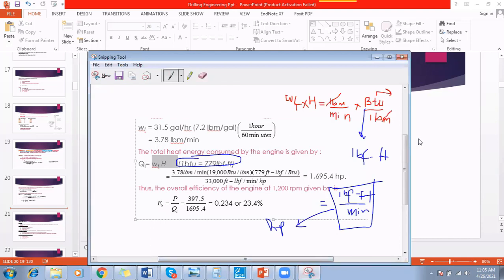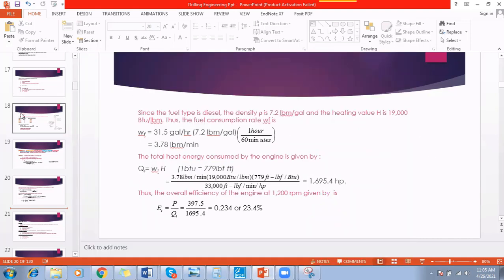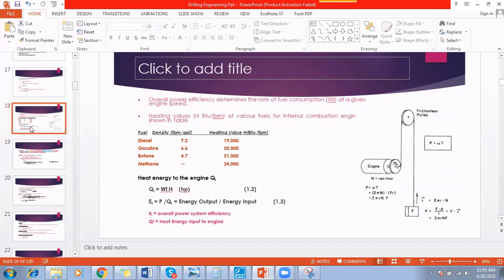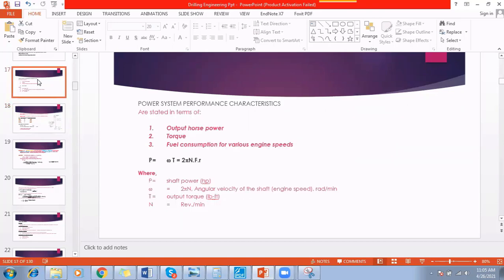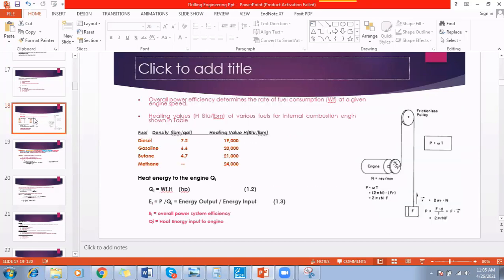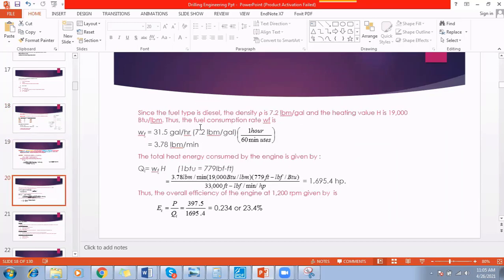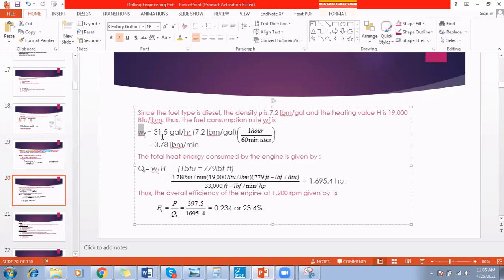Okay, with respect to fuel consumption. So if you will see the unit of fuel consumption, where was the WF? Oh, wait a minute. So come towards here. You can see that here the WF is mentioned in lbm per minute. So what exactly is this showing?